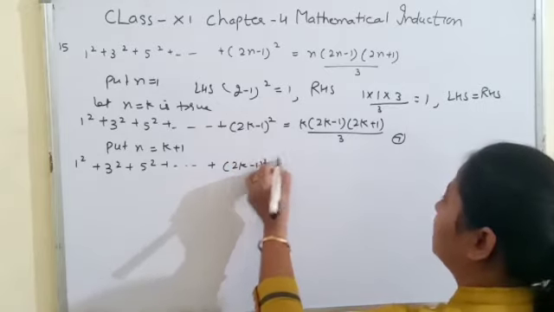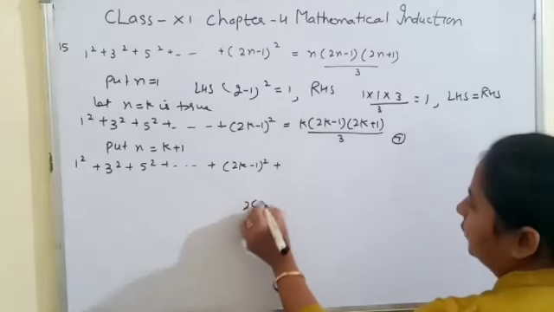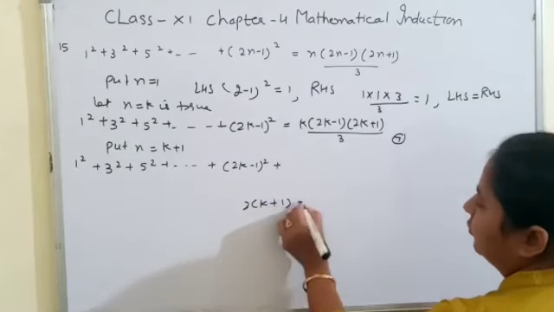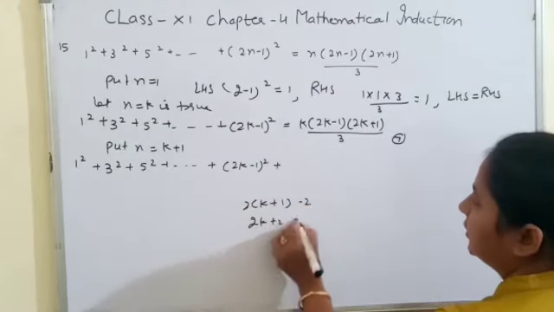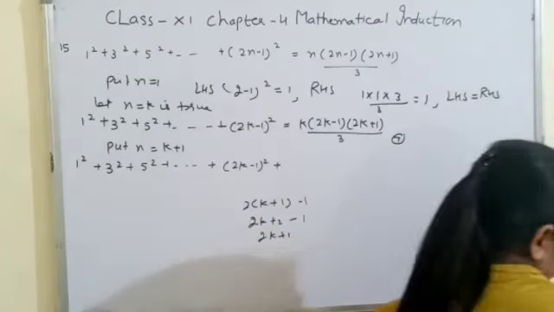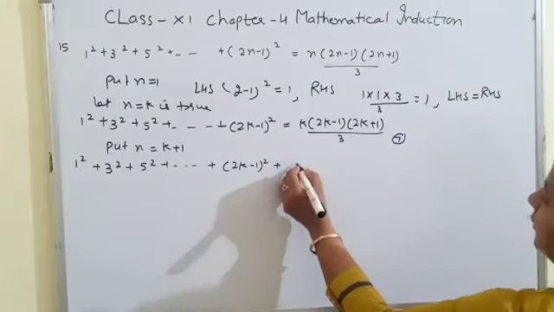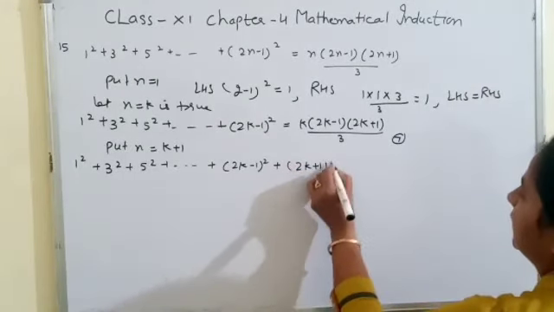Firstly we will write the second last term (2k minus 1), and when we substitute k as k plus 1, what we will get? (2k plus 1) whole square.